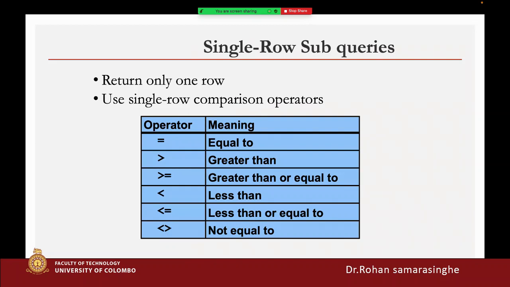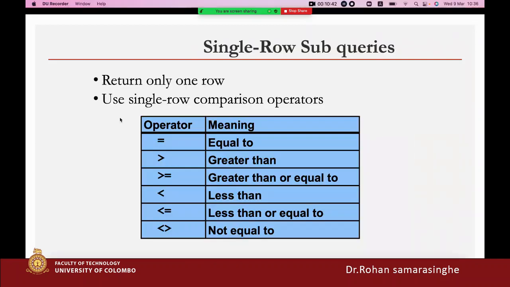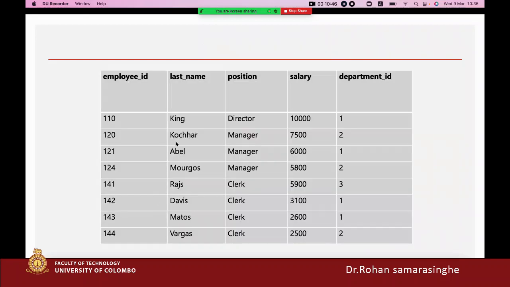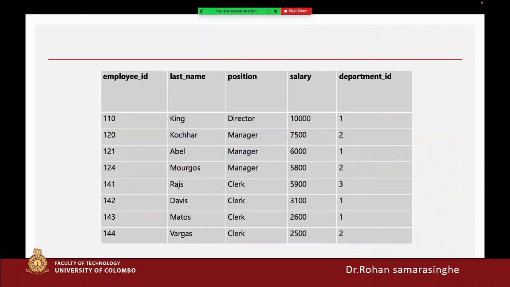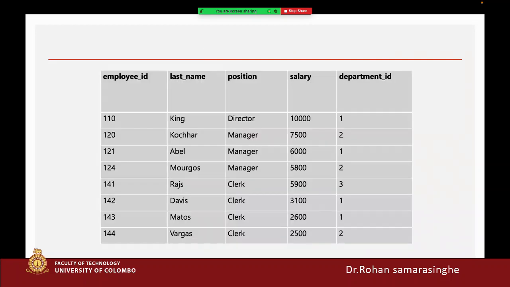If we have only one row, we can use these operators: equals, greater than, greater than or equals, less than, less than or equals, and not equal. These are the single row subquery operators.